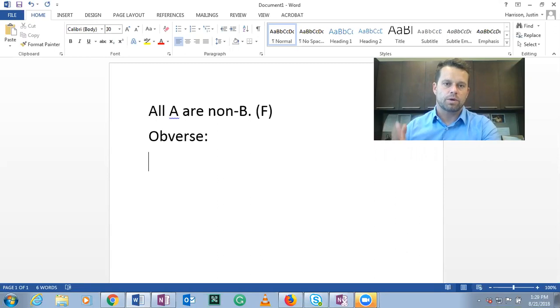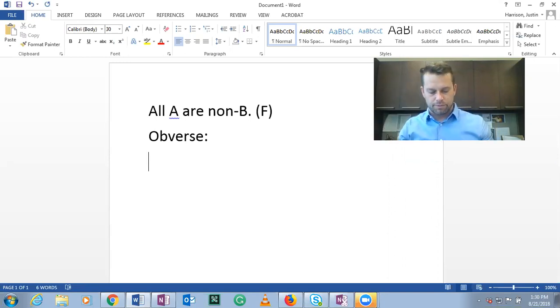That means that if you're working with universal statements, A and E, you change from affirmative to negative, or negative to affirmative. So all A are non-B is what type of statement? It's an A-form statement, all S are P. So we need to hang out in the realm of the universal, the top of our square of opposition, and change the A form to an E form.